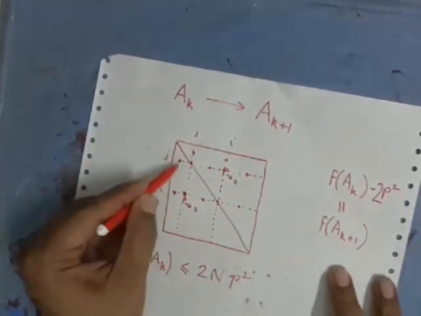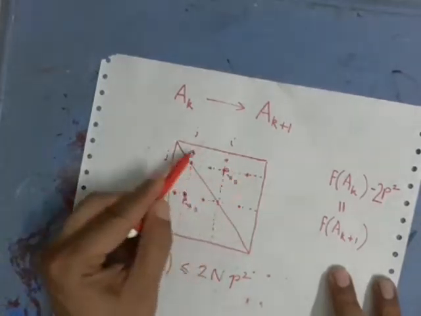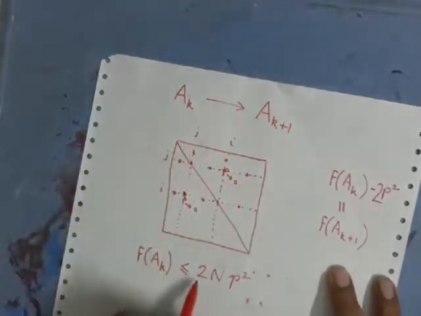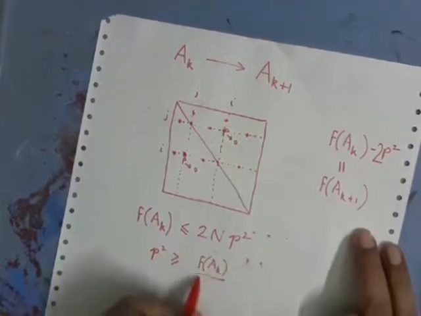Remember, n is the total number of off-diagonal entries on this half, which is also equal to the total number of off-diagonal entries on that half. So twice n is the total number of off-diagonal entries. So you see, p squared must be greater than or equal to f(A_k) by 2n.